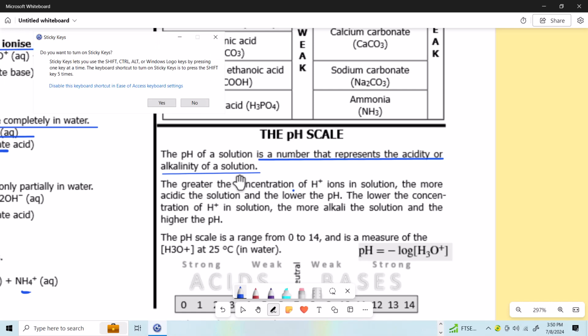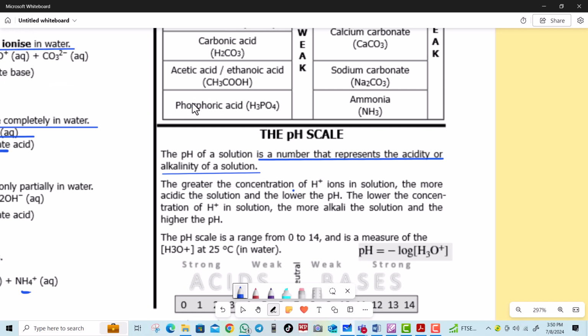Now note that the greater the concentration of hydrogen ions in solution, the more acidic the solution and the lower the pH.